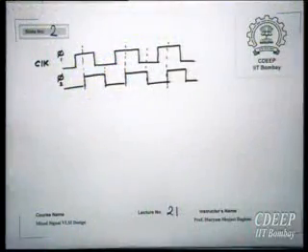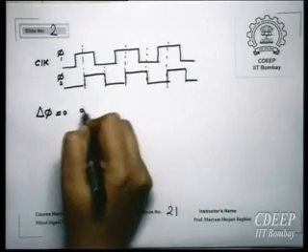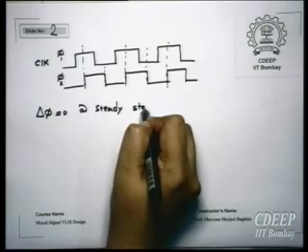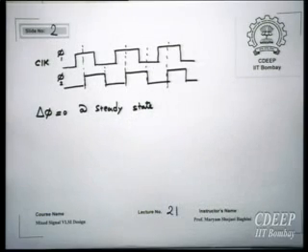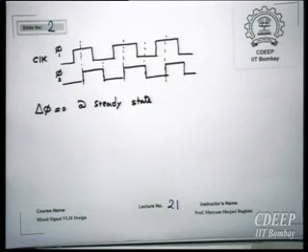Now suppose you have a PLL with a steady state error of 0 at steady state. What does it mean? It means that the phase shift between the input frequency and the VCO frequency is 0.